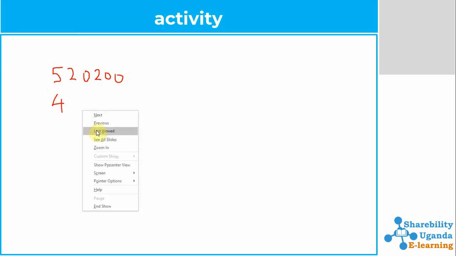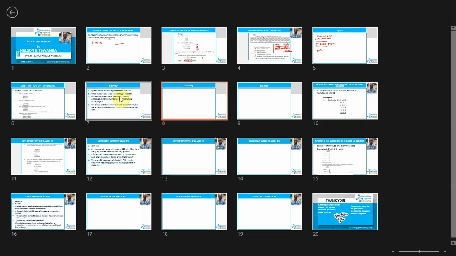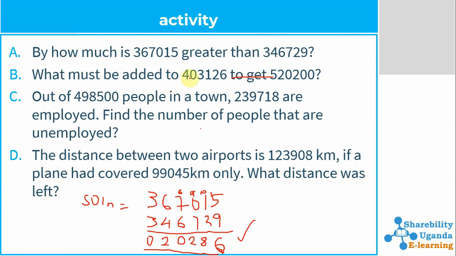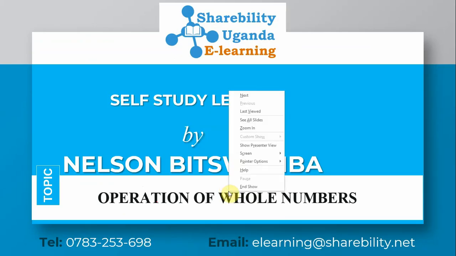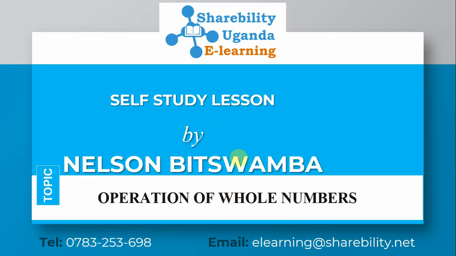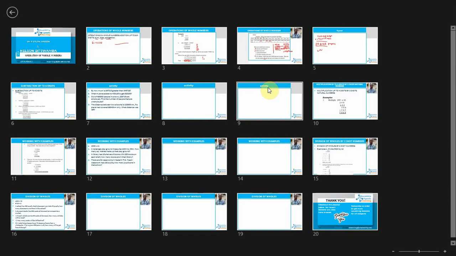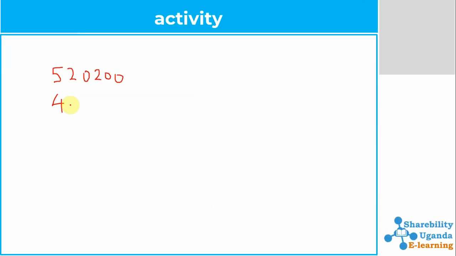Someone who can still remember, the answer is 3,126. Here we are. This is a 0. 3,000, then 120.